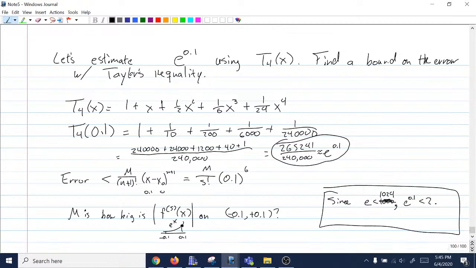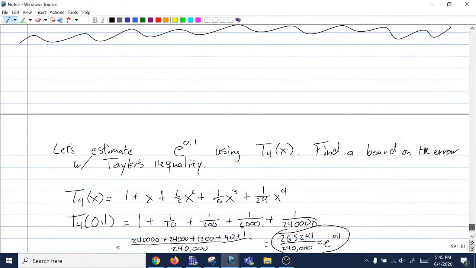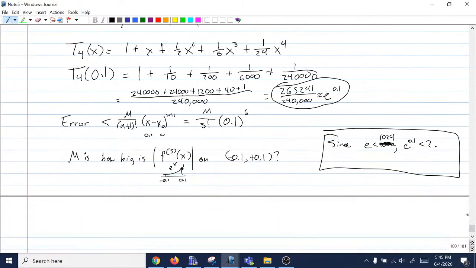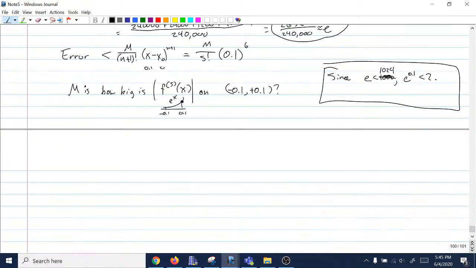So, our error is less than... That's the thing about the m, you usually don't need that good of an estimate. The error is less than 2 over 120 times 1 over 10 to the 6. That's 1 over 60 times 10 to the 6, which is 6 more zeros.